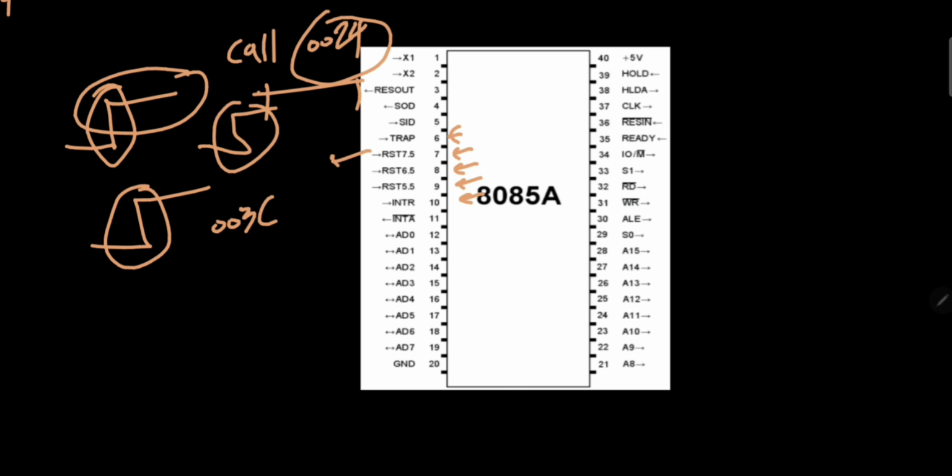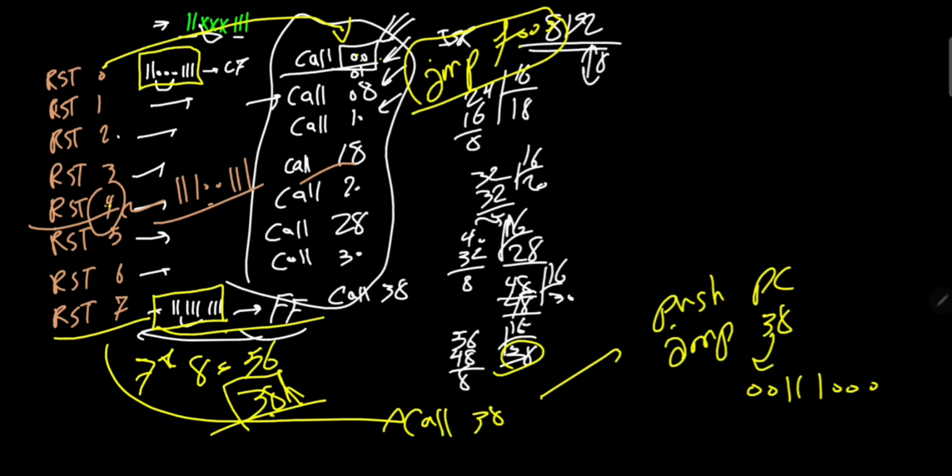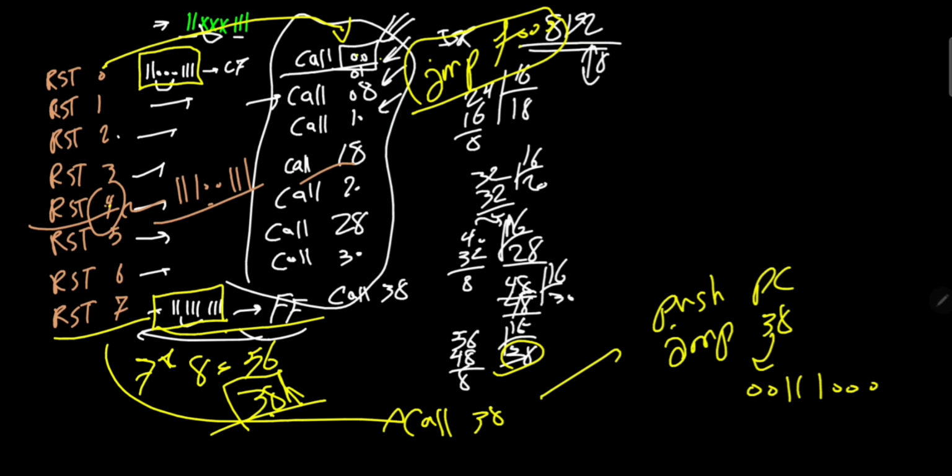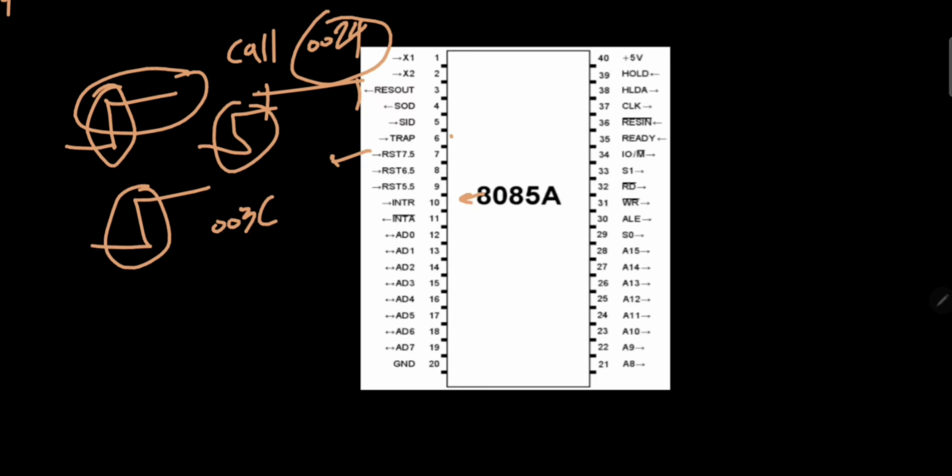But you see, the difference is that here the CPU understands by looking at the argument that you have written as the opcode in the IR, but here the naming is such that RST 7.5 means 7.5 times 8 is the address the CPU would jump to. These are hard-coded inside the CPU. Now you might say these are also hard-coded as a part of the control unit, but you have control over these. You write their opcode inside the IR, while these are just pins.